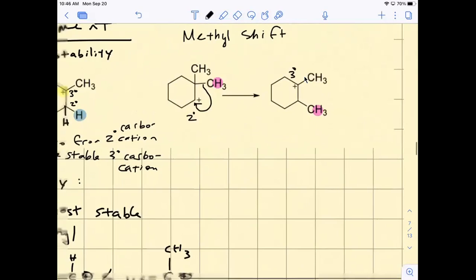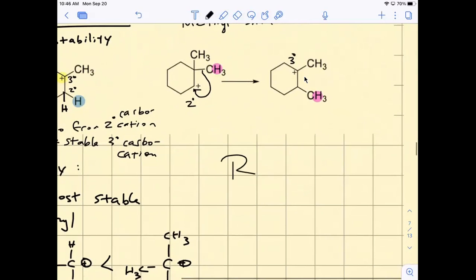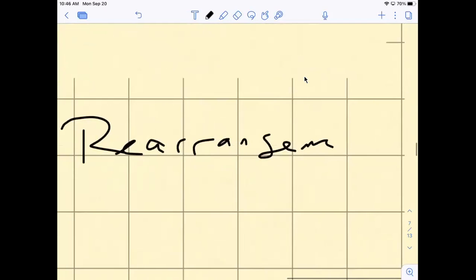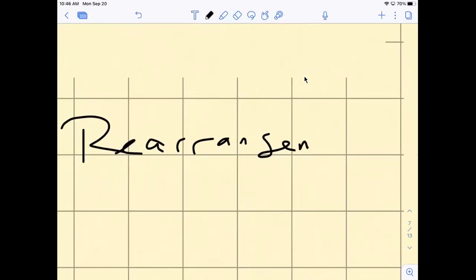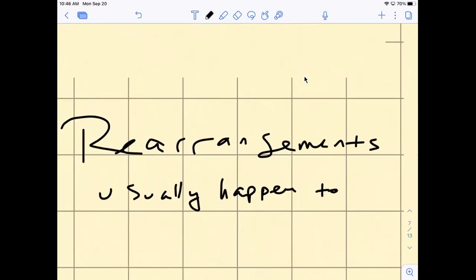If that makes sense, I'll write that down here. I'm just going to say to increase stability.